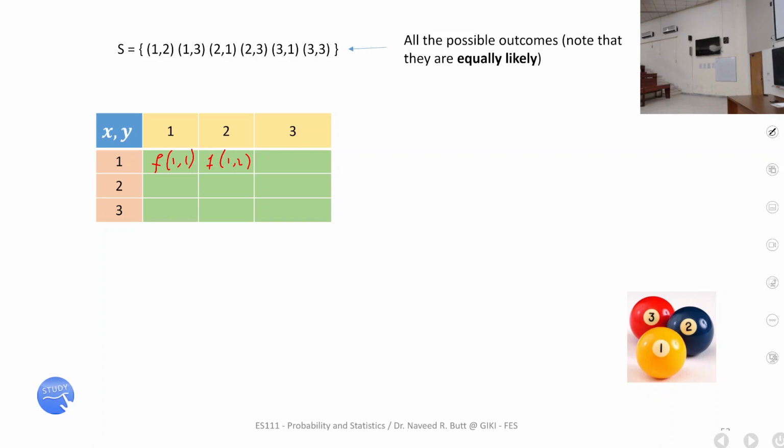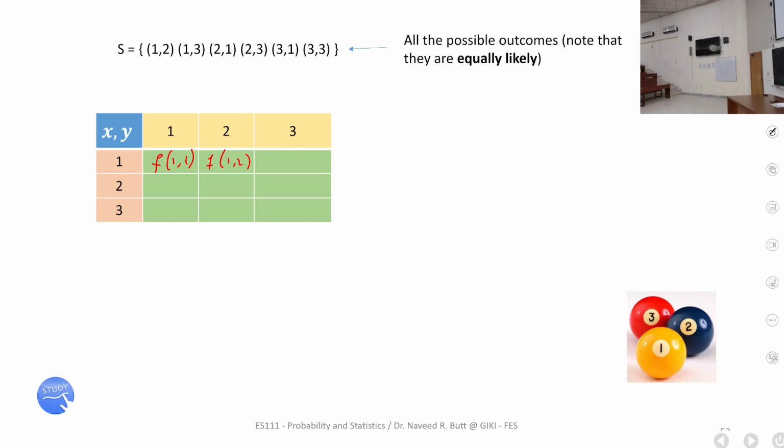I'm not interested in the actual answer. I want this to really sit in your minds when I read fxy. When you read fxy, you're reading the probability that the first random variable takes the value small x, and the second random variable takes the value small y. That's why I'm emphasizing this.